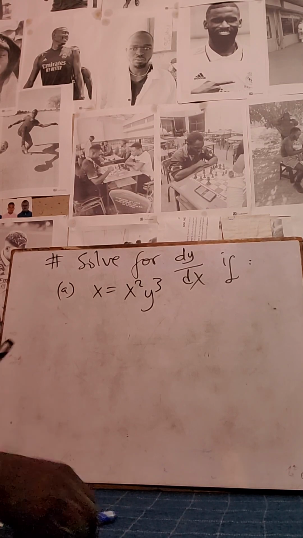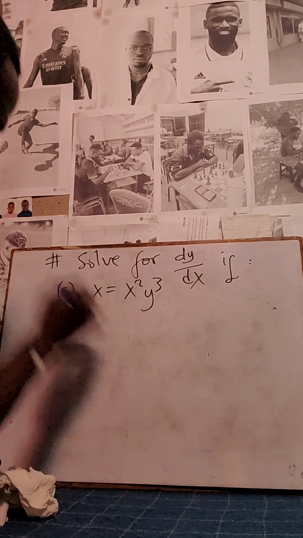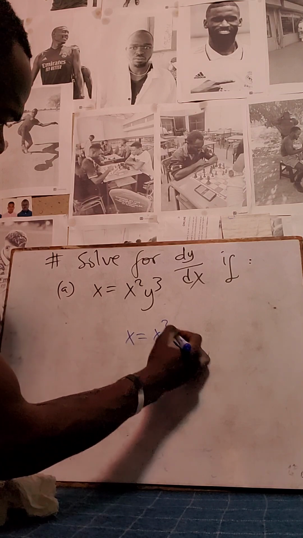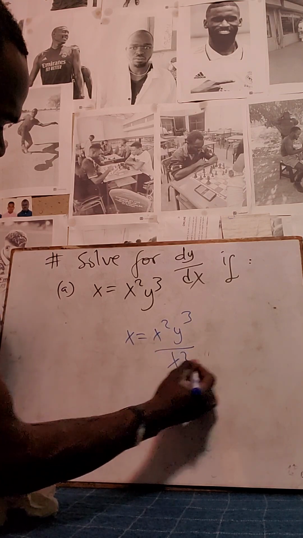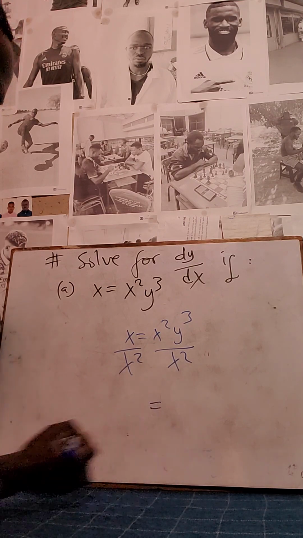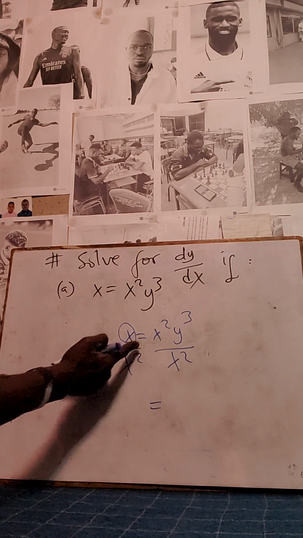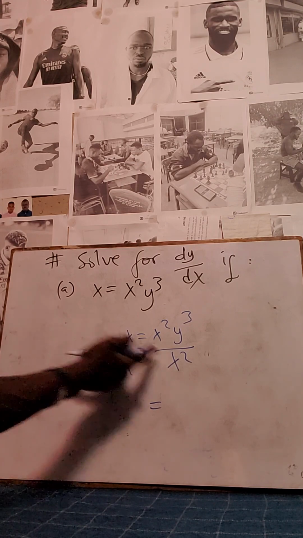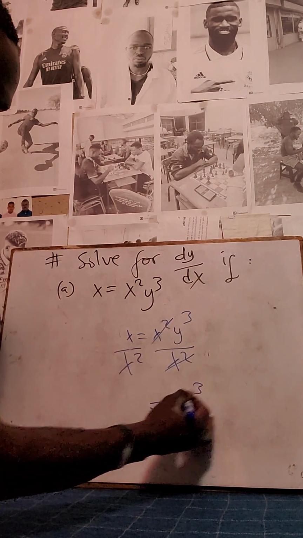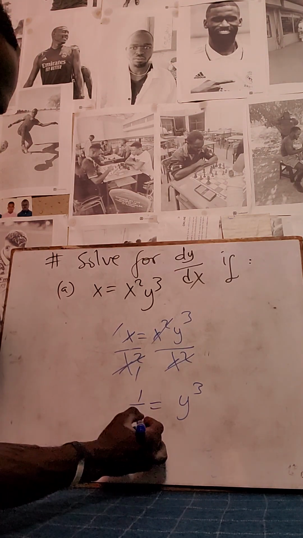For instance, we want to find dy/dx. We can divide by x squared on this side, and also on that side. But in so doing, we are killing one variable, x, via division. So this side is eliminated and you remain with y to the power 3. This side, you are going to have 1 over x.